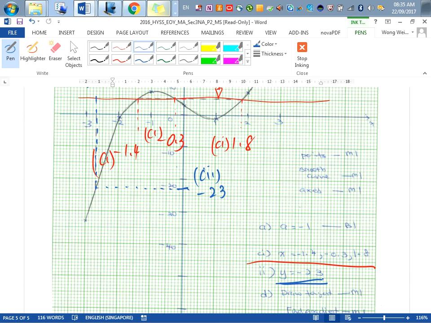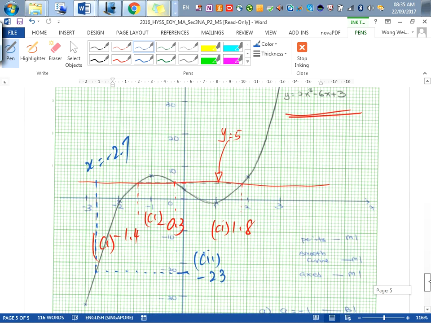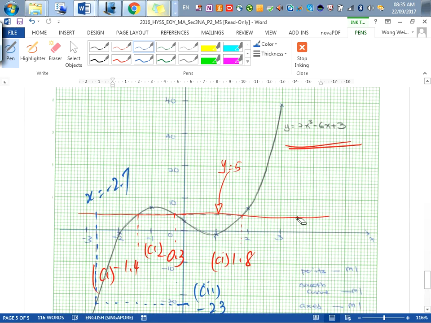The part D, find the gradient of the curve at x equals 2. We need to draw a tangent line. So let me just erase all this. Tangent line at x equals 2. x equals 2 is over here. So this is the point that I need to find the gradient. Take your ruler, draw a tangent line. It should look something like this. This is my tangent line at x equals 2. So I choose two convenient points. Let me see. This looks not bad.